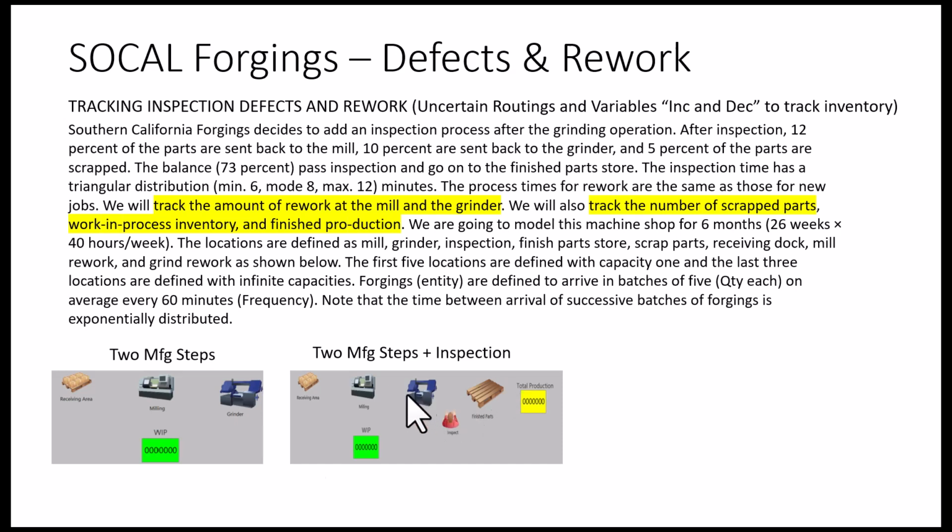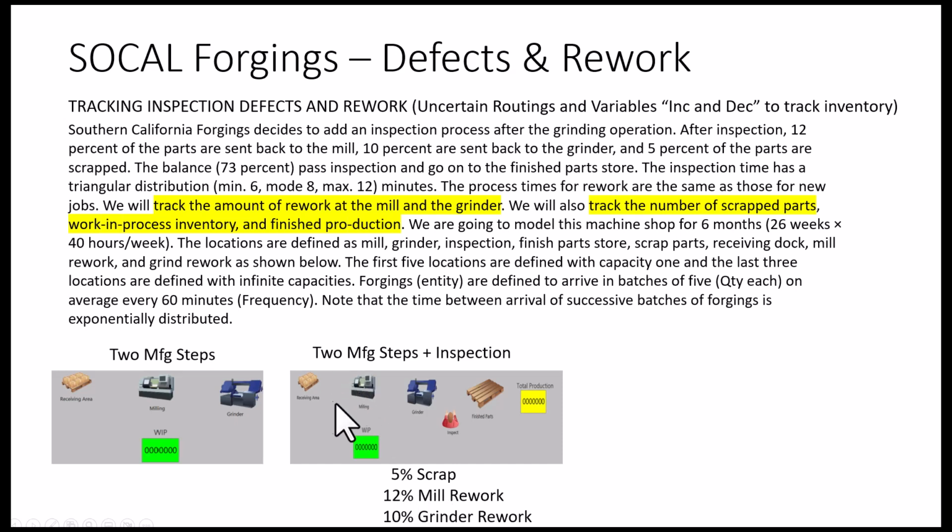The conditions are as follows after our inspection process. We have a 5% scrap. We also have 12% of all the parts that go through the process after the grinding. 12% will have to go back to the milling process.